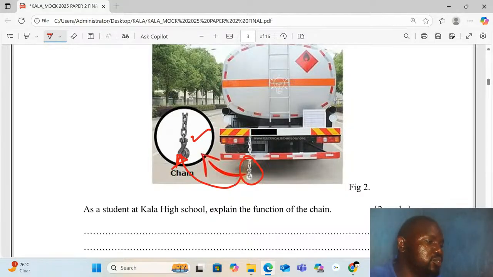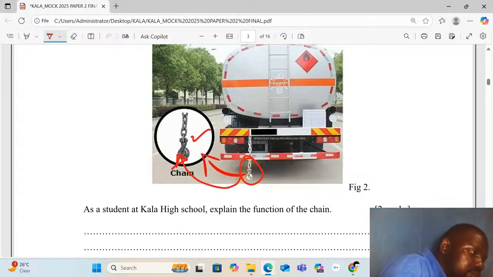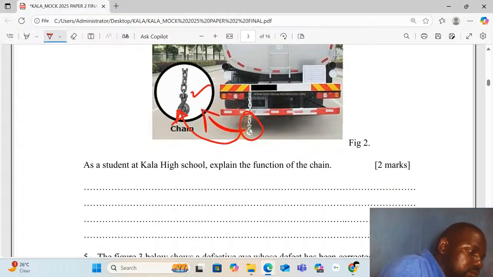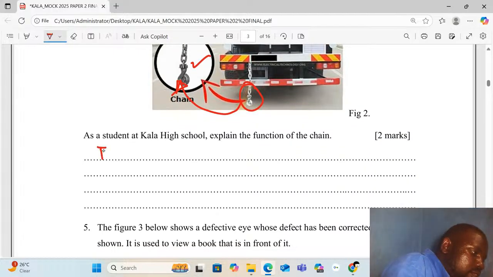So for them not to accumulate, they need to be discharged. Therefore, we can say the chain acts as earthing.